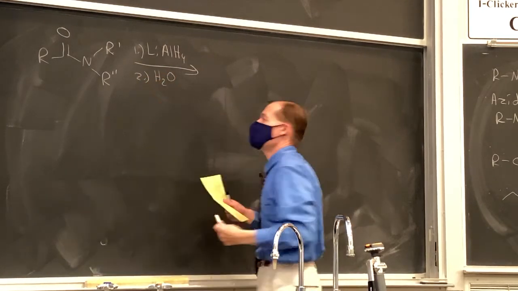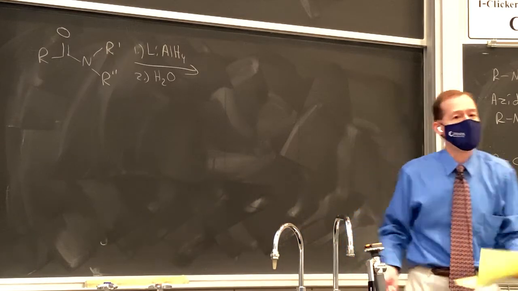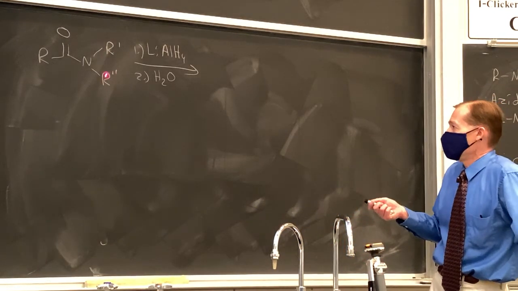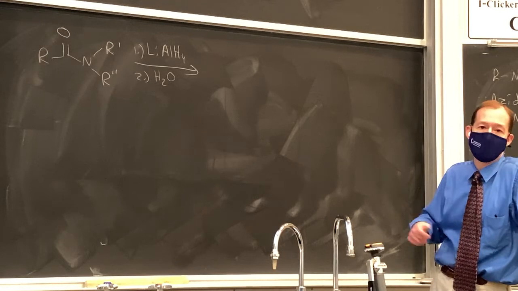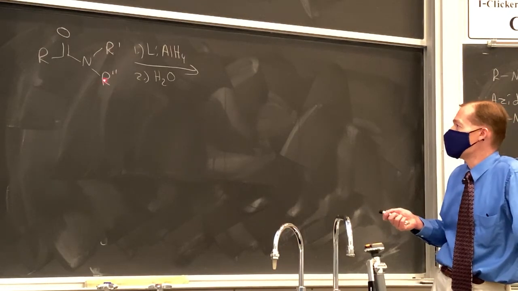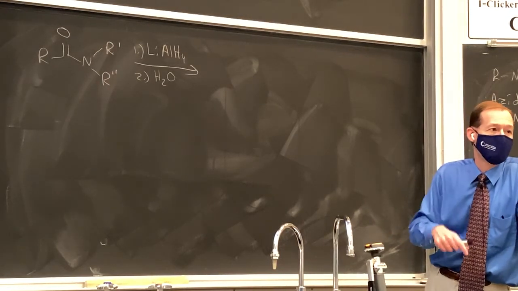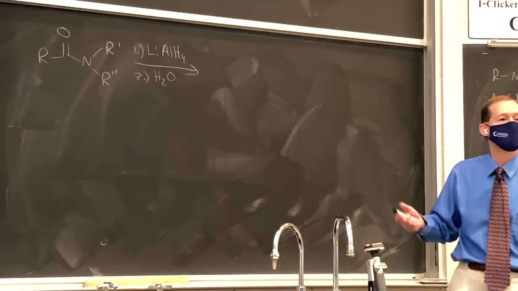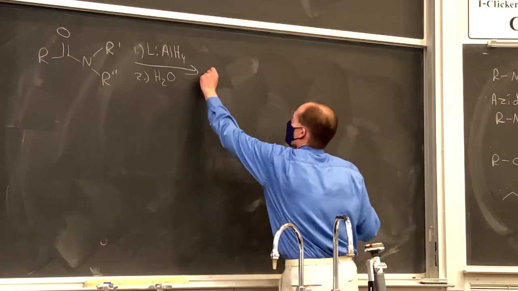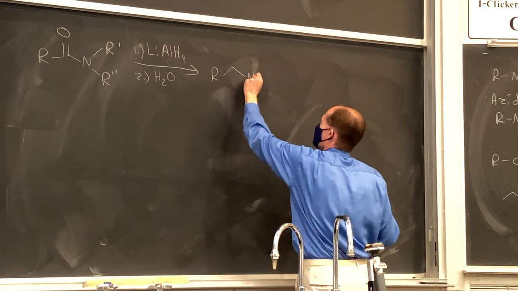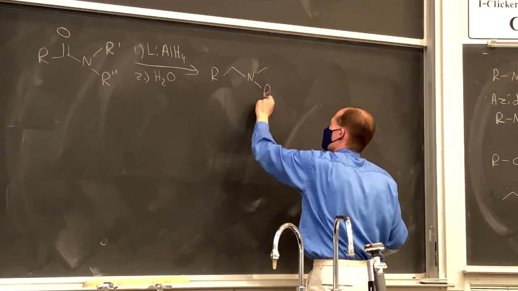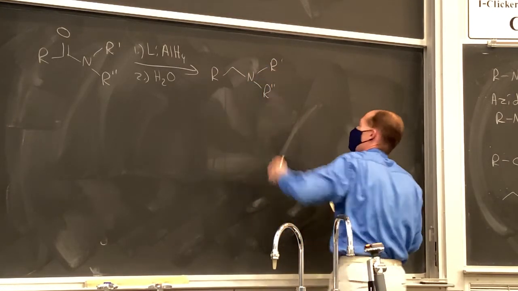Now we can have primary, secondary, or tertiary amides, right? If these are both hydrogen, this is a primary amide. If one's hydrogen and one's an alkyl group, it's a secondary amide. If these are both alkyl groups, it's a tertiary amide.